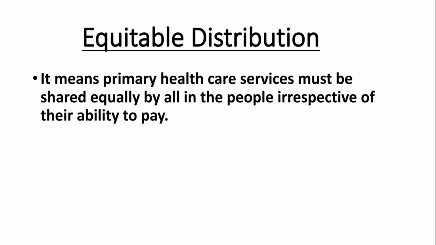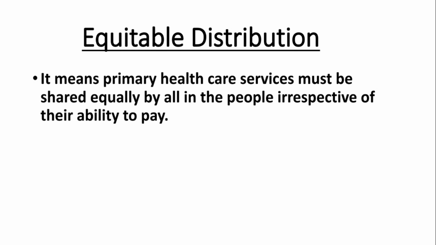So it means that primary healthcare services must be shared equally by all people irrespective of their ability to pay, and it covers urban and rural areas and every segment of the community, but giving priority to the underprivileged and underserved sections of society.